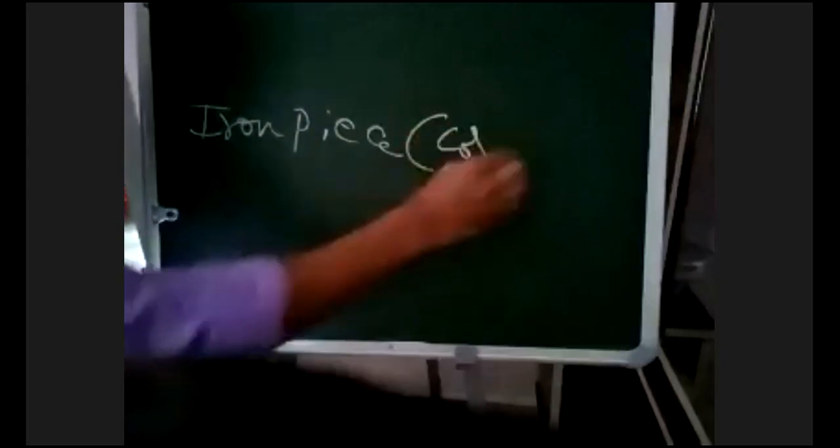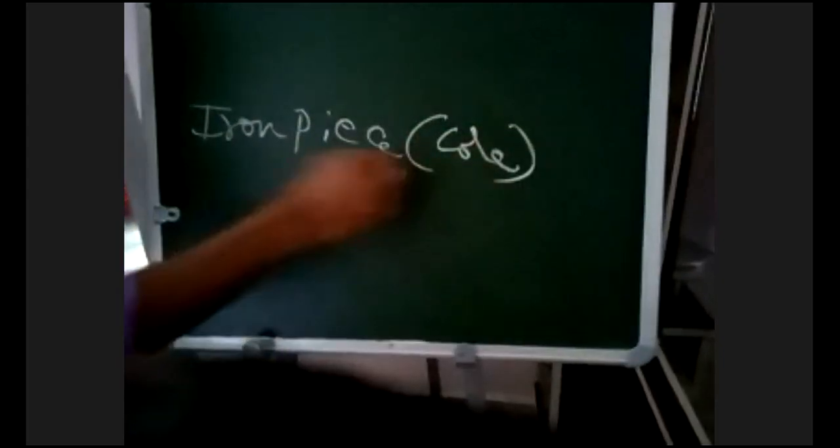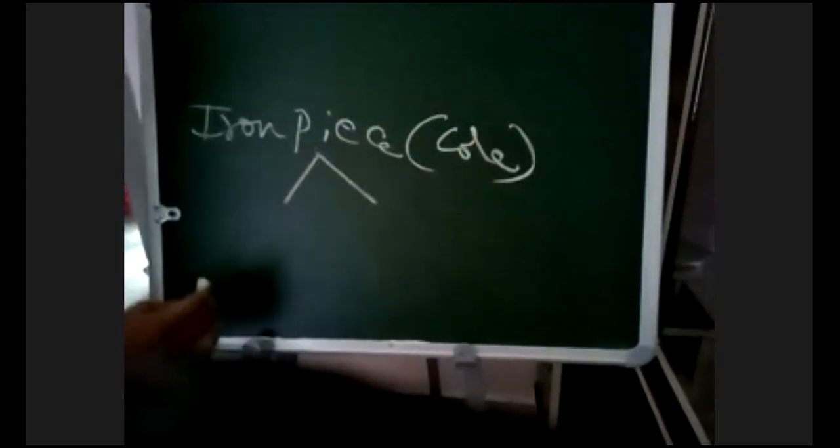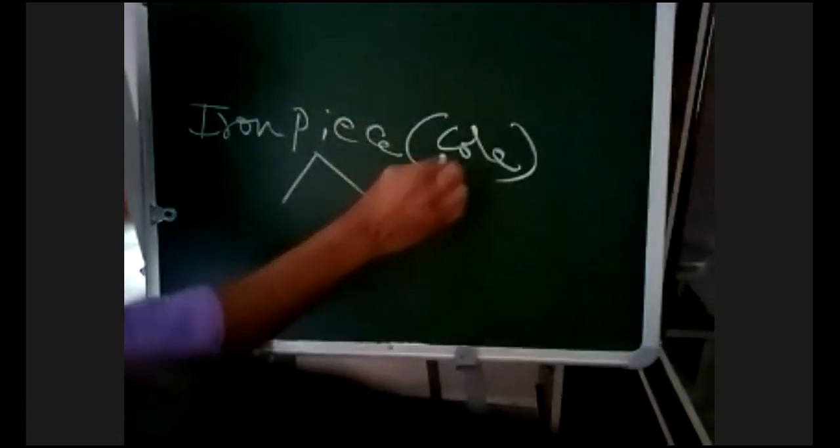See here. Here iron piece we are having. Iron piece is called core. There are two types of core losses. In the core we are having core loss, or iron loss. Core is also called iron piece. There are two types of losses in the core.